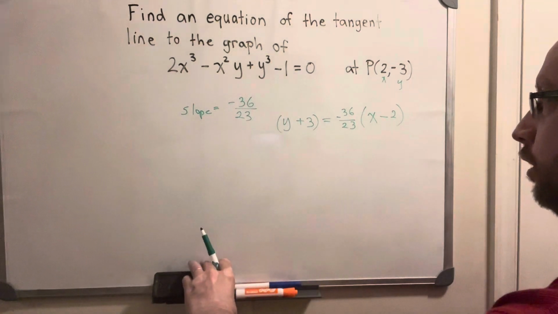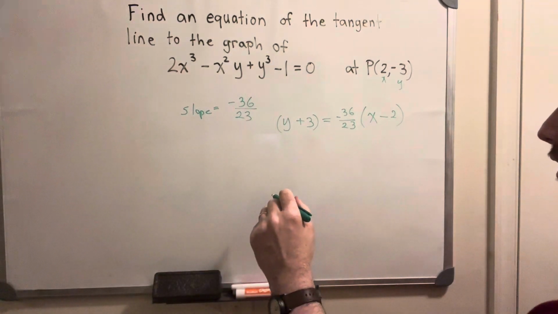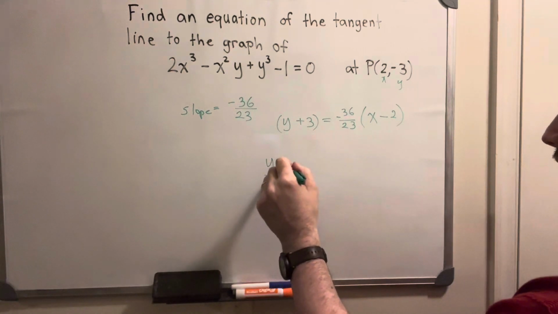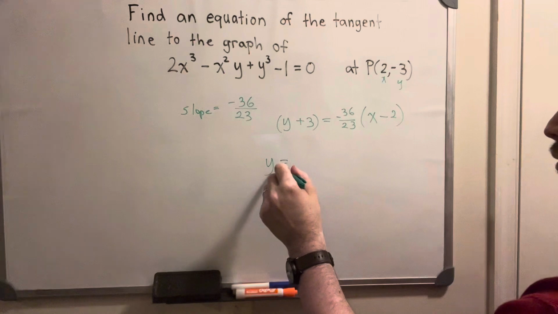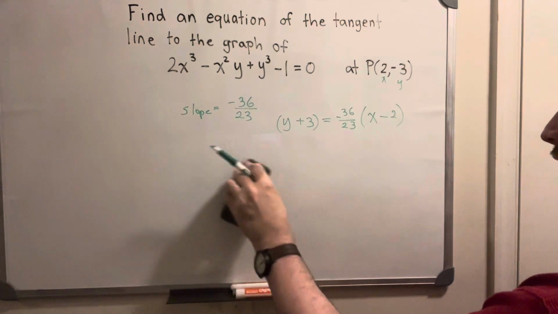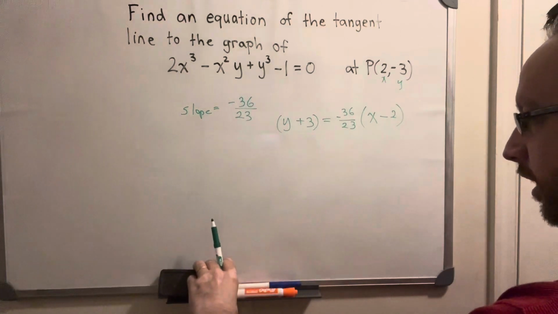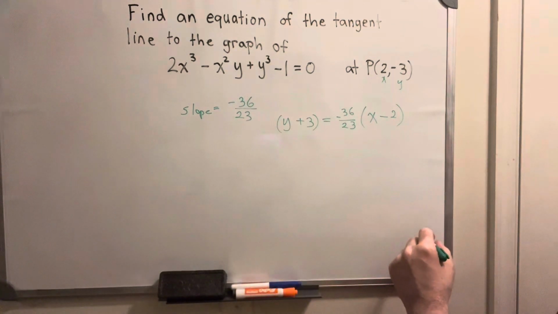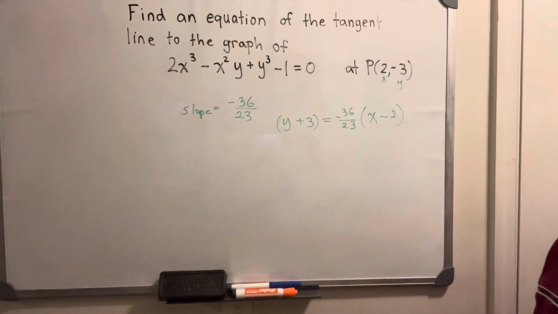The thing is, you never know what the function y looks like all in terms of just x's. That's why it's called implicit differentiation, because you've got x's and y's. So that was the technique used to solve that problem.